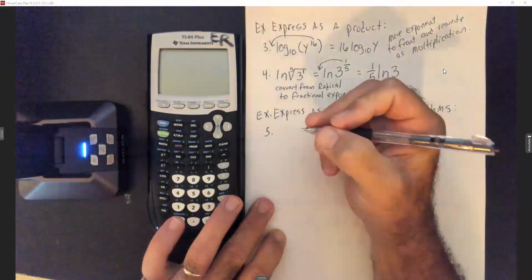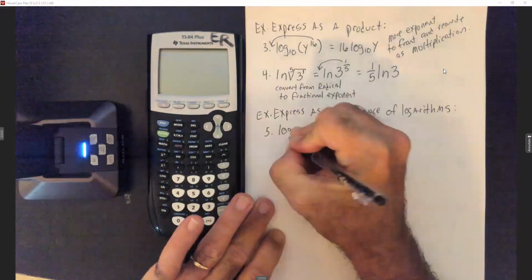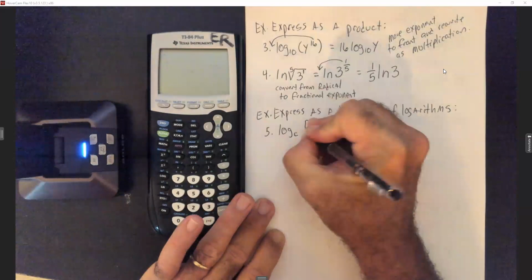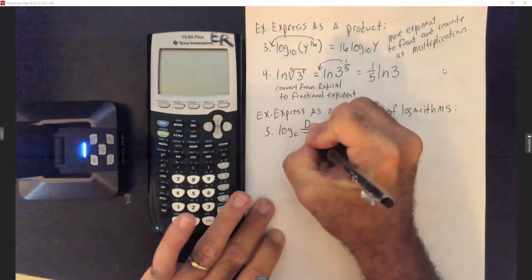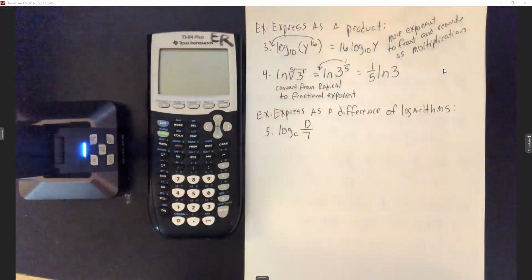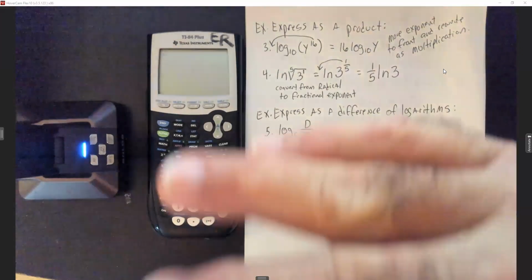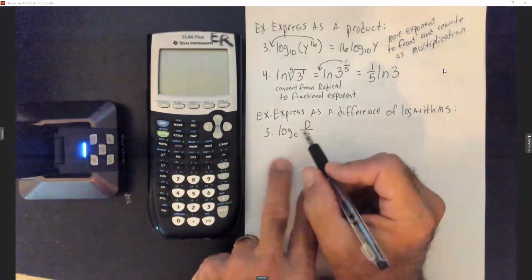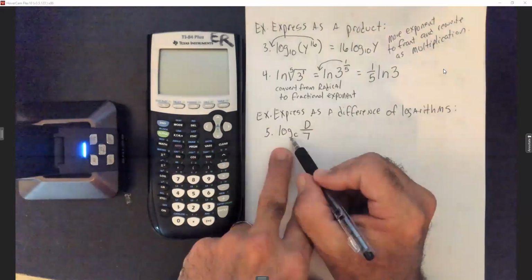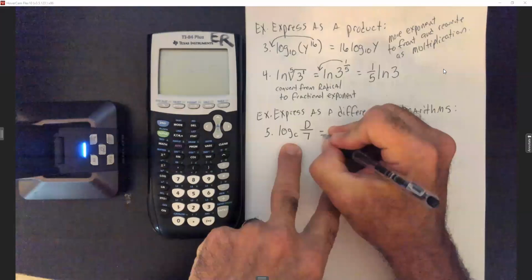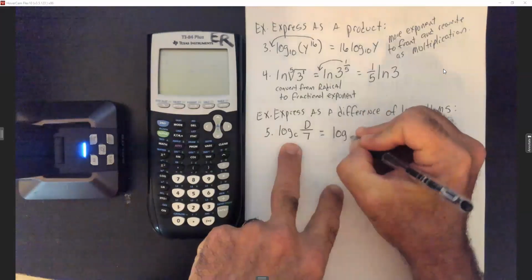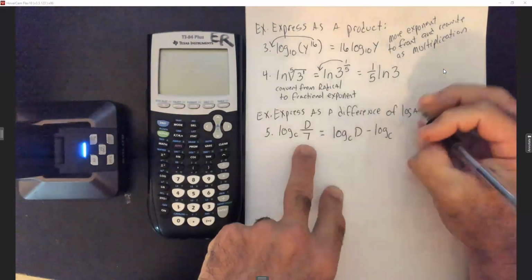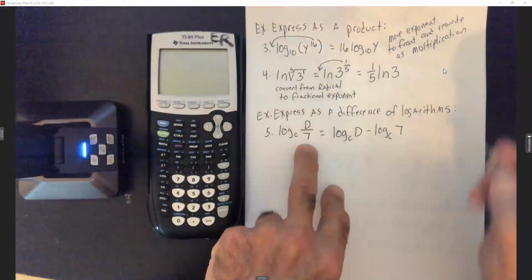So number 5 has log base C of D divided by 7. And y'all remember on these, it's always the top minus the bottom. And if you notice, I'm still distributing my log base C. So this one would give me a log base C of D minus a log base C of 7.